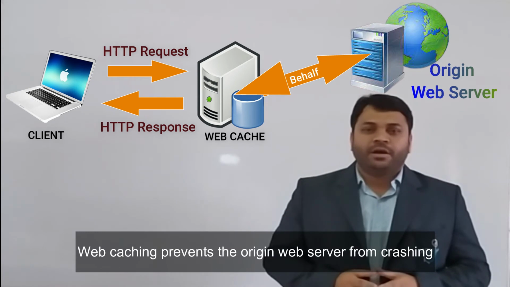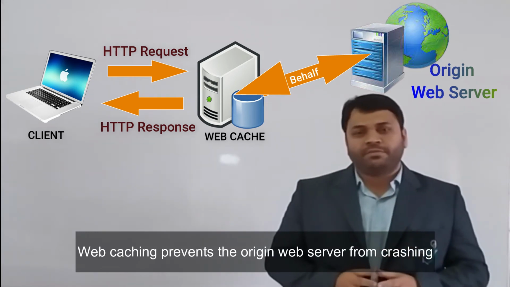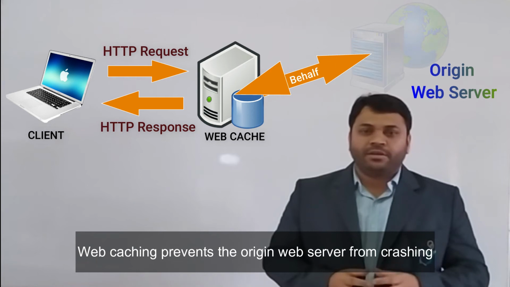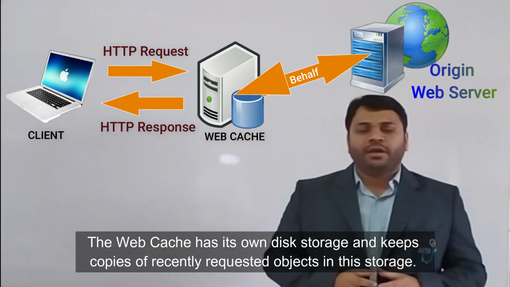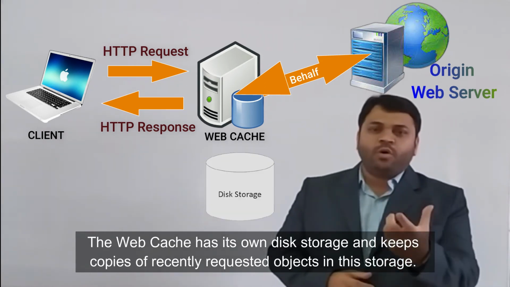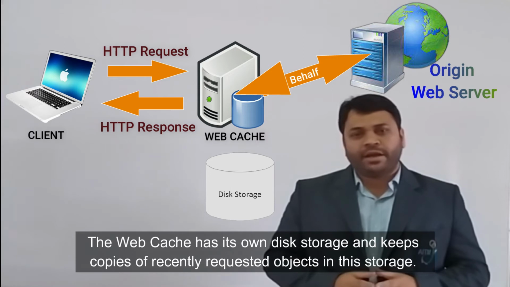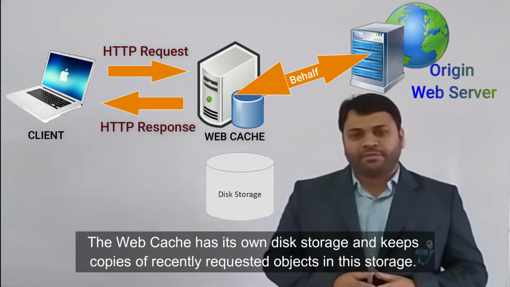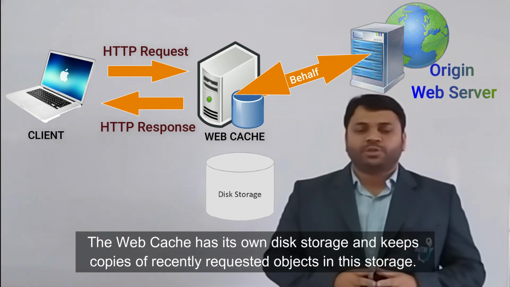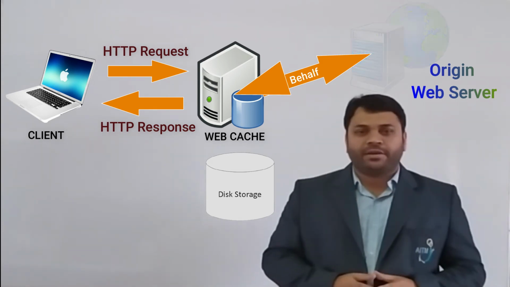Web caching prevents the origin web servers from crashing. The web cache or proxy server has its own disk storage and stores copies of recently requested objects in the storage, as shown in this figure.